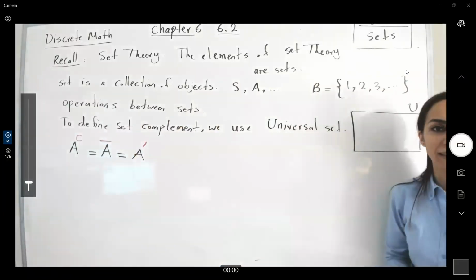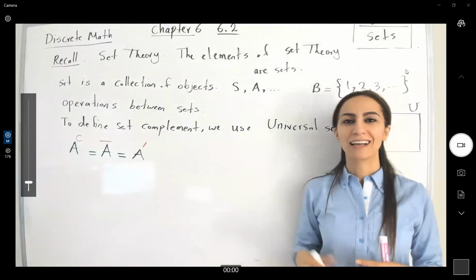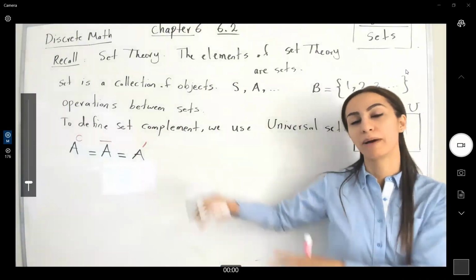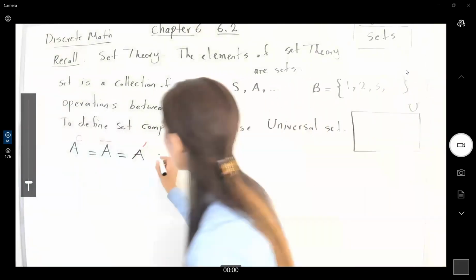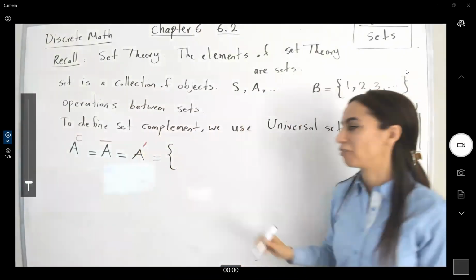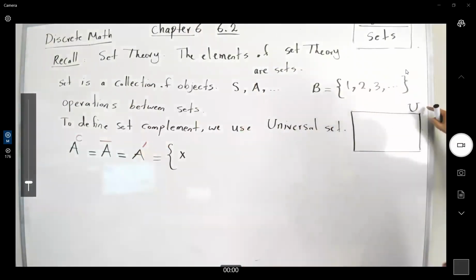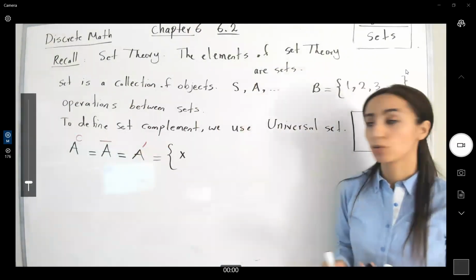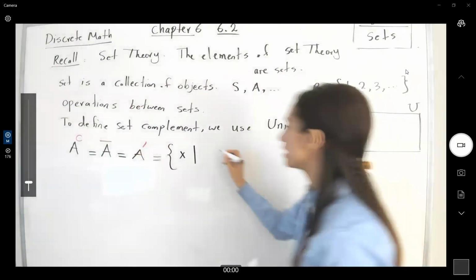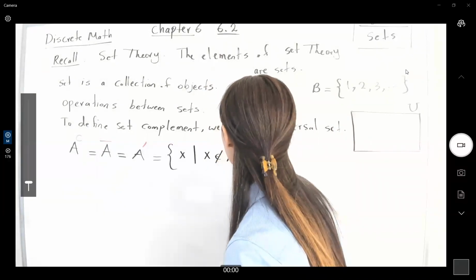This new set takes all of the elements that are not in set A. They belong to the complement of set A. We represent this by the set of all x values in the universal set such that x is not a member of A.